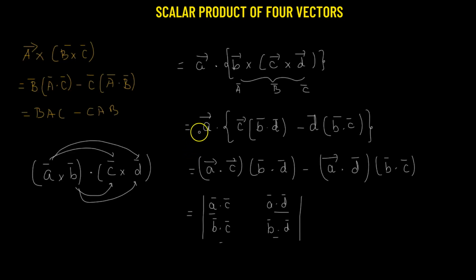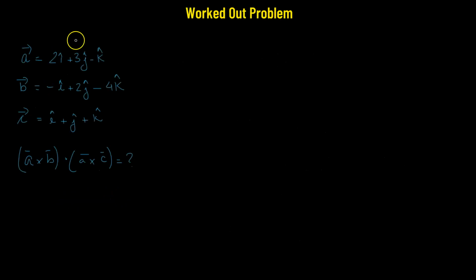So let's use this particular expression to determine the scalar product of four vectors with the help of an example. In this problem, we are provided with the values of the vectors A, B and C. We need to find the scalar product of A cross B dotted to A cross C. So let's rewrite this expression in the determinant form.